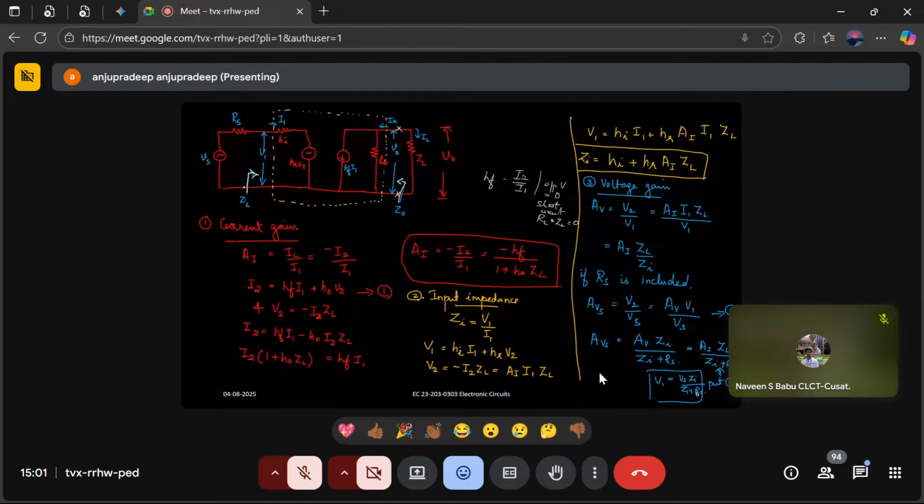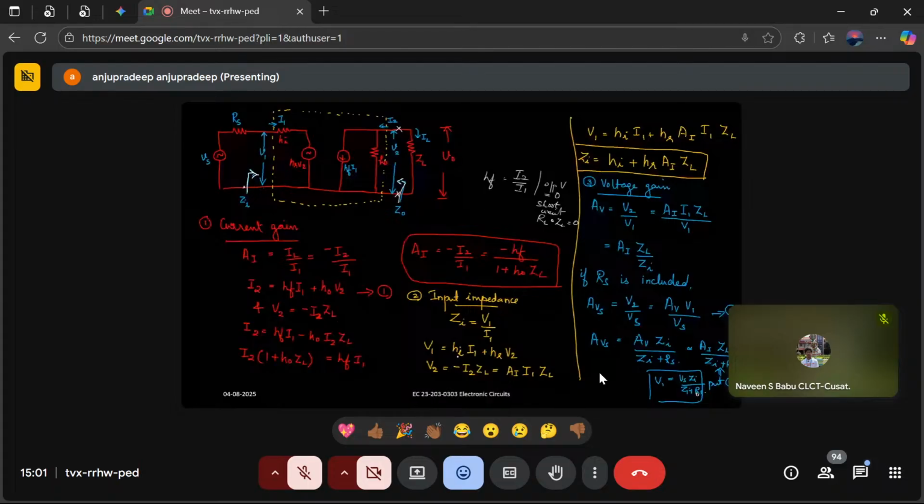Now the second parameter is input impedance. What is input impedance? ZI. And where is it marked? It is marked at the location of V1. So the voltage that you are seeing is V1, and the current you see is I1. So ZI is nothing but V1 divided by I1. Again, we have the H parameter equation, first equation, as V1 is equal to HI into I1 plus HR into V2.